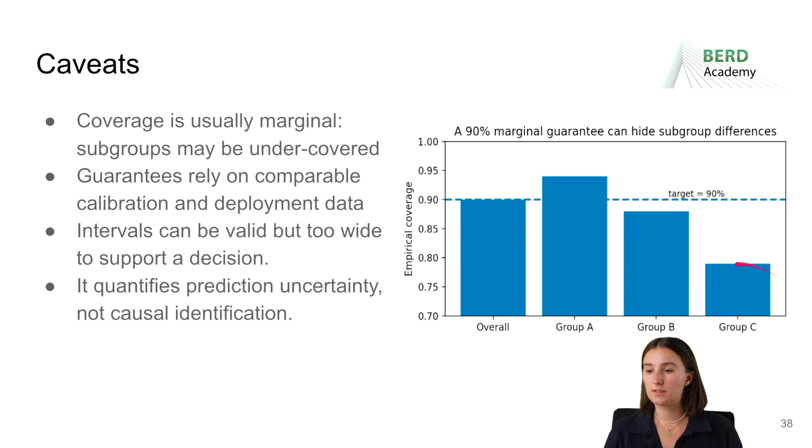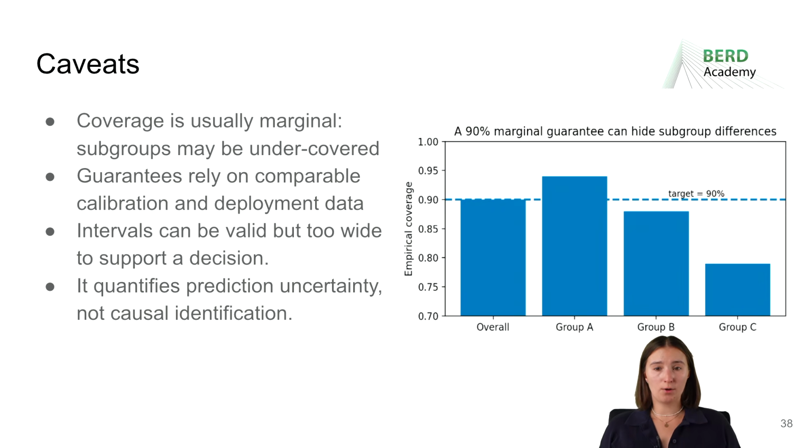We can have some examples where the coverage is much lower, for example, only 80%. And we would have to check which groups are undercovered or overcovered, because what we get out of conformal predictions is just this 90% marginal guarantee. So this is what marginal means here.